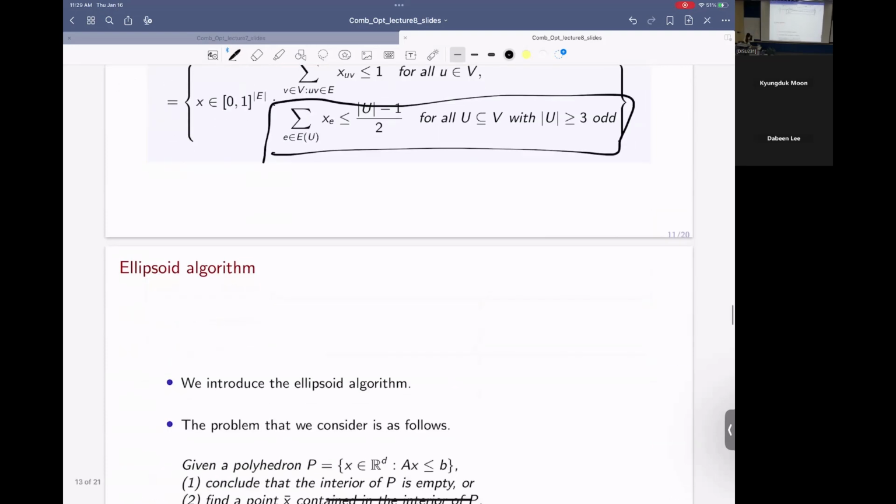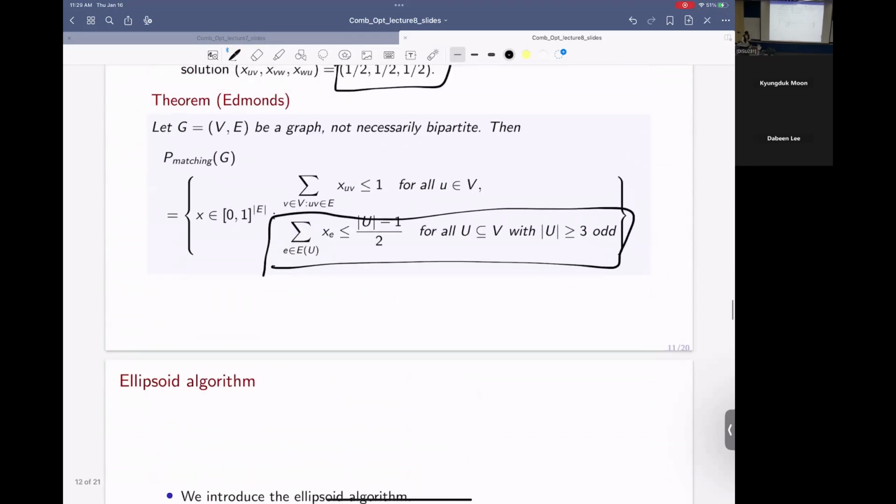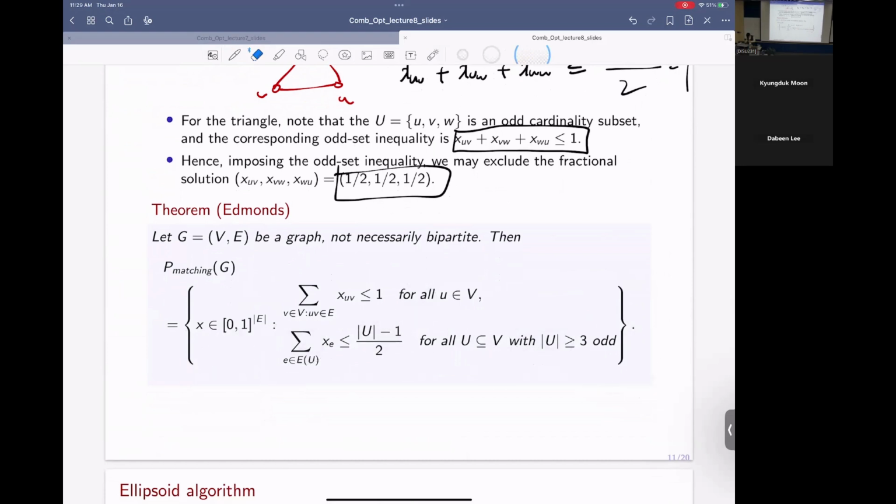Okay, then let's move on. So let's look at this theorem. Now, we got a complete characterization of the matching polytope. So we got only linear inequalities. We don't have any binary constraints on variables. So that means that we can just optimize a linear function over this.